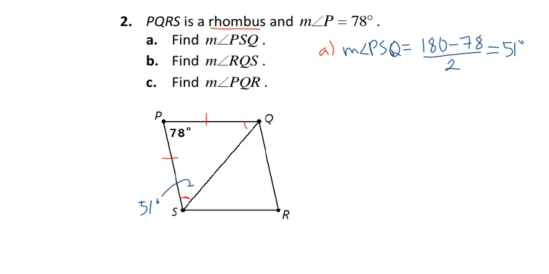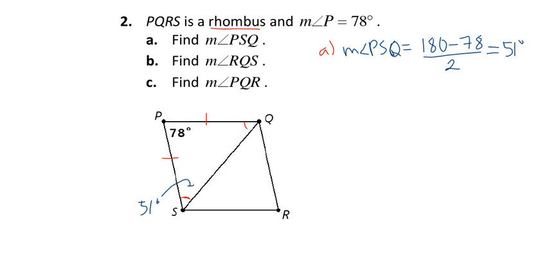Part B, we have to find the measure of angle RQS. RQS is this one here. But we know that in a parallelogram, the opposite angles are congruent.